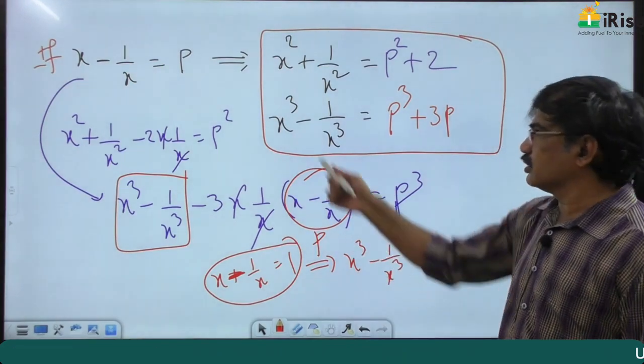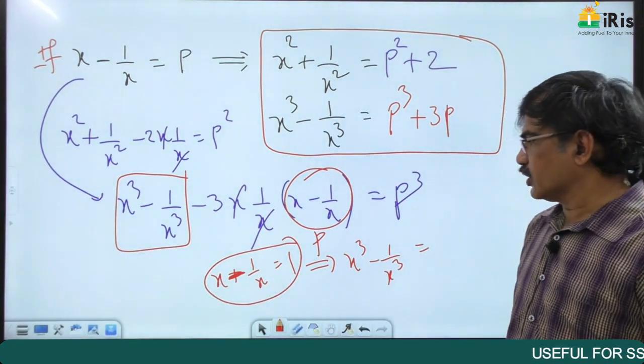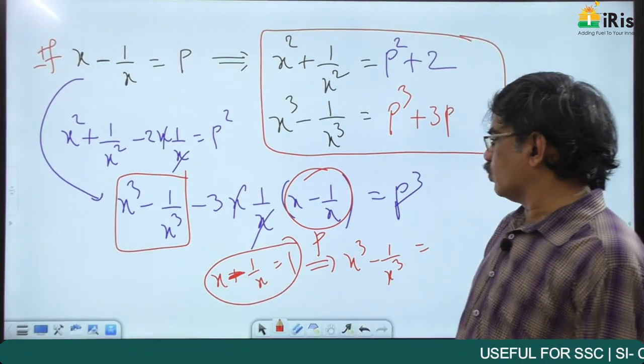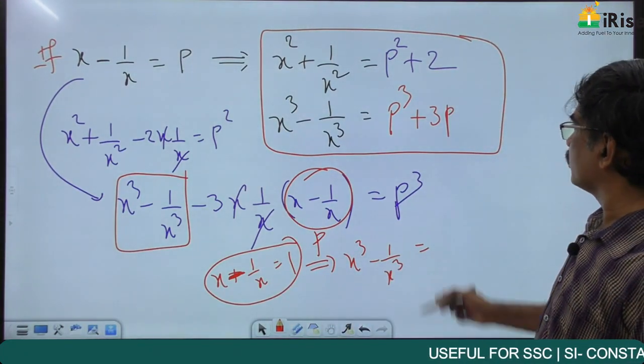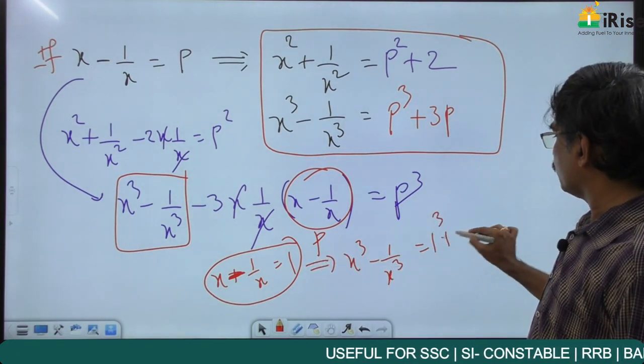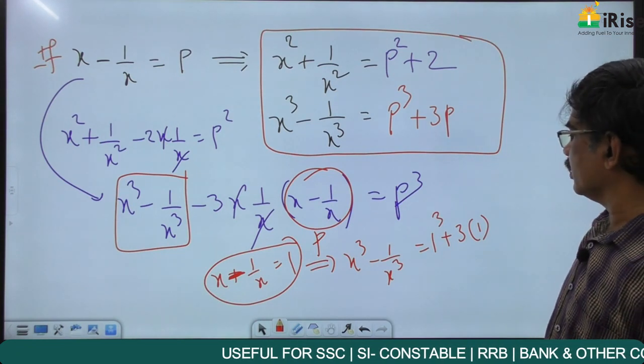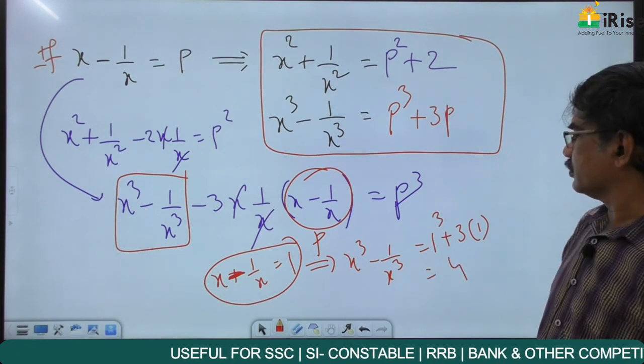You can solve using this concept. Just by taking cube, we get the answer. P cube plus 3p, where p is 1. 1 cube plus 3 into 1. So this is equal to 4.